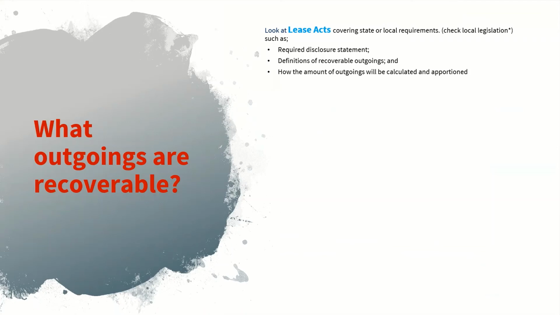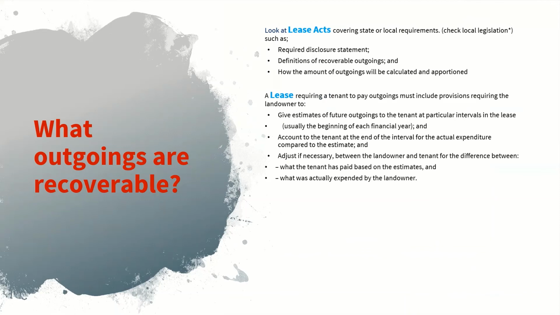Typically, the lease act will define what's required to be put into a disclosure statement, and how the disclosure statement is to be delivered to a tenant. It may also define what recoverable outgoings make up within that local jurisdiction, and how those outgoings are calculated and apportioned.